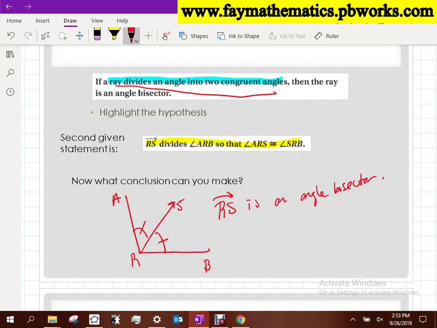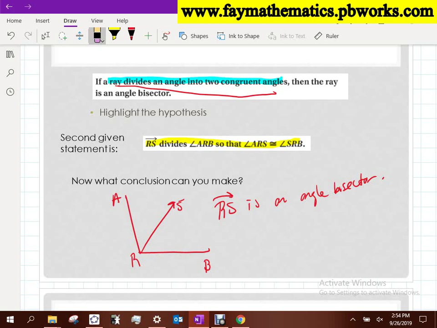Here's why this is important. What if I do this? Now you don't know, right? Now you do. I took the notation out that tells you that angles ARS and SRB are congruent. I don't know if they're congruent or not.